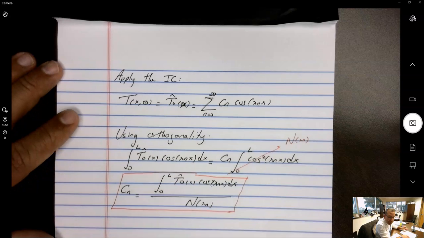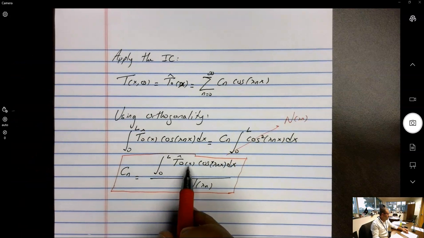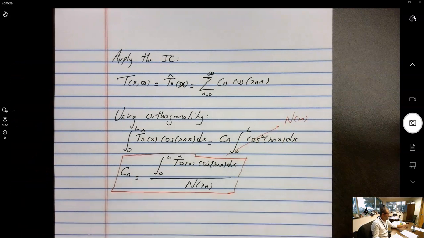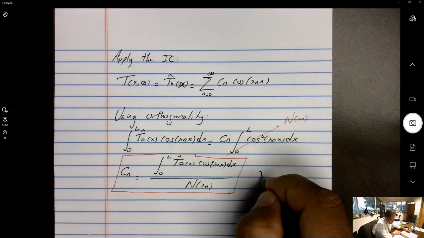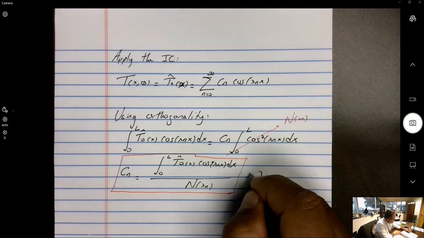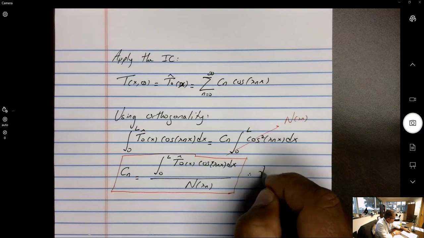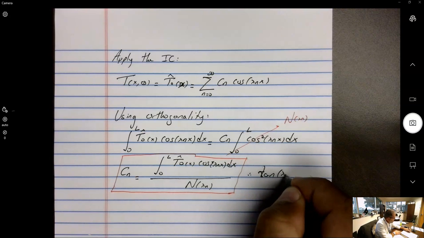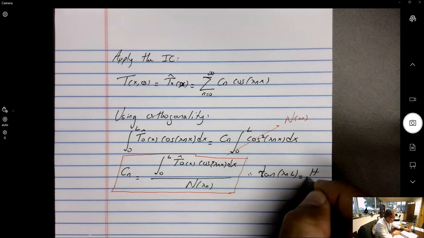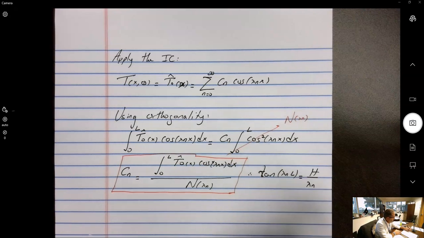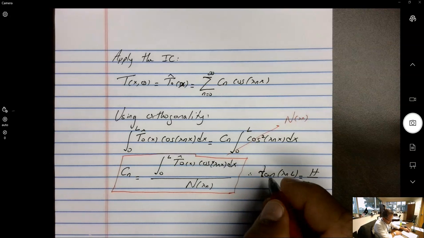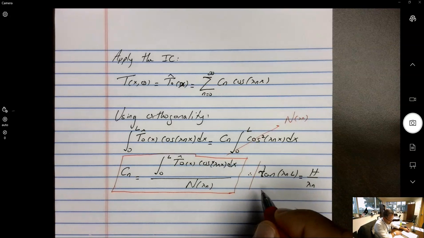That's the constant of integration. So depending on what that T0 is, if it's a constant, then very simply it's the integral of the cosine, which is a sine, and then you'll have to obviously use the relationship for the eigenvalues. The tangent of lambda n L is equal to h over lambda n. We've already shown that.